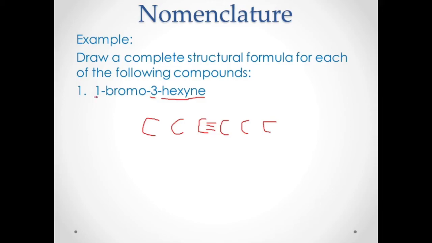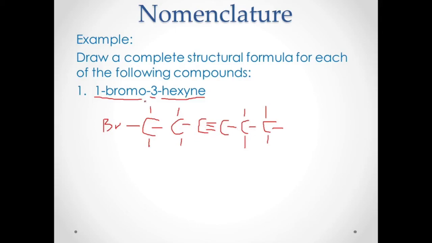Then you also have a substituent, which is Br. That is the 1-bromo. So you have 1-bromo. Then don't forget that your carbon should have a total of 4 bonds. So that carbon there and this one would have 3 bonds. Notice that this is completed, 3 and 1, then also 3 and 1.